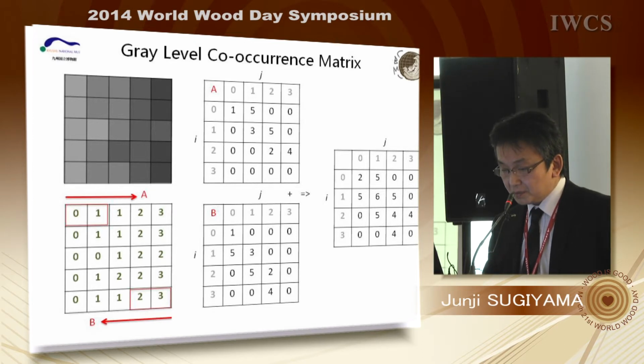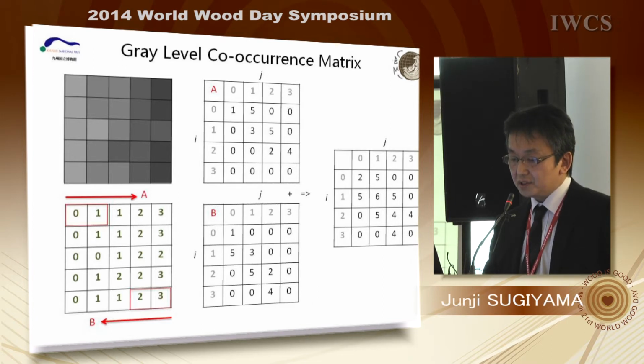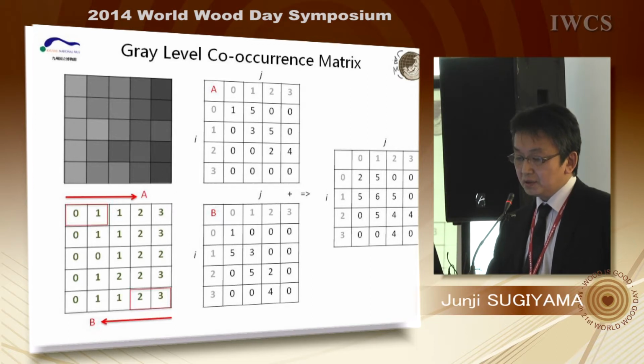So we set up the first rectangle here, where the first column is I and the second column is J. What we do is look at the Gray levels at the I and J positions, and then move this rectangle in these directions one by one and collect the information.